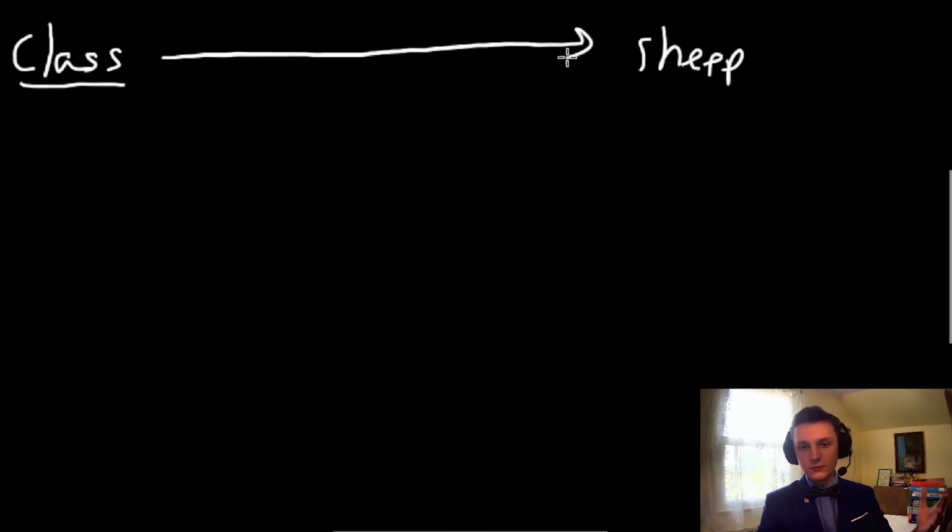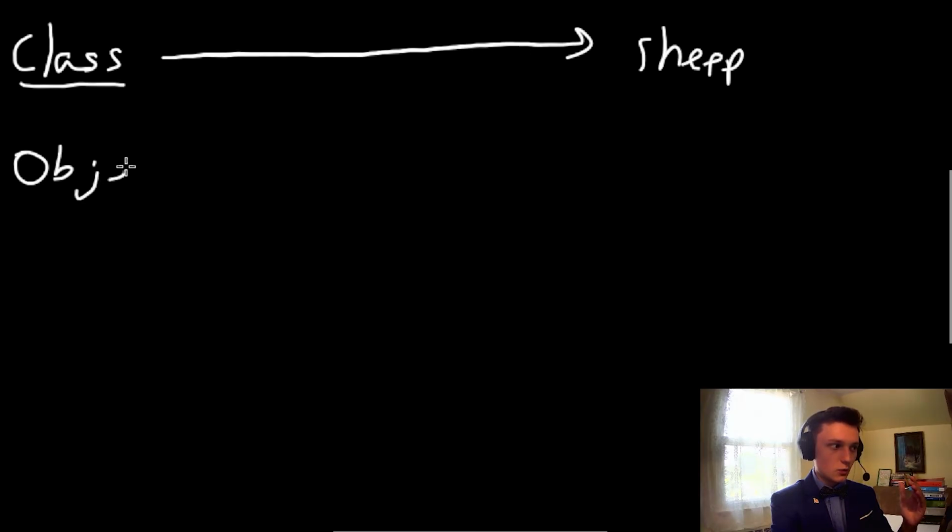A class is a reference to an object. The relationship there is that the class is the type of thing, sheep is a type of thing, and the object is the specific instance of that thing, or a specific item. So I could have a sheep class, and then an object of the sheep class would be like a gray sheep that has 20 HP and can eat grass.